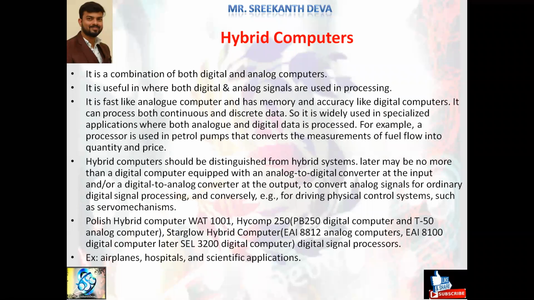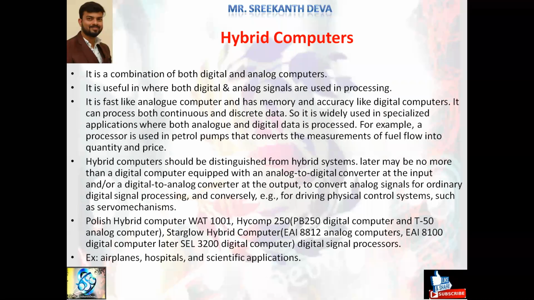So it's widely used in specialized applications where both analog and digital data are processed. The best example is petrol pumps, which convert the measurement of fuel flow into quantity and price. Okay, and a hybrid computer should be distinguished from hybrid systems, which may be no more than a digital computer equipped with an analog to digital converter at the input and/or a digital to analog converter at the output to convert analog signals for ordinary digital signal processing and conversely.